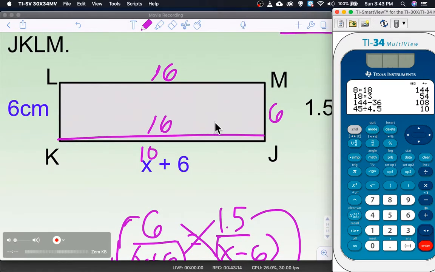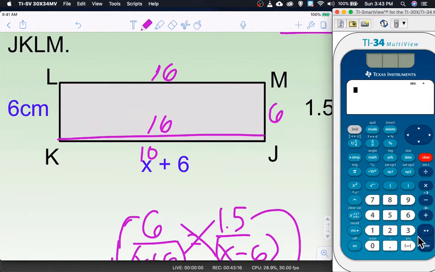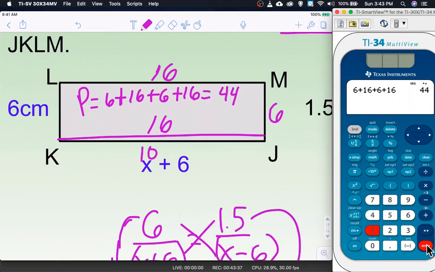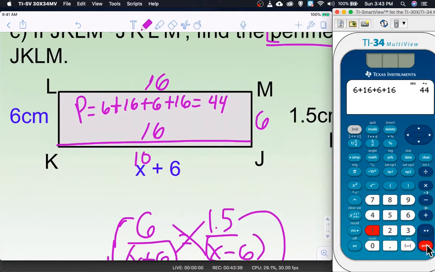So then when I find perimeter, I'm going to add all these sides together. 6 plus 16 plus 6 plus 16 gives me a perimeter of 44. So 6 plus 16 plus 6 plus 16 equals 44 units, centimeters.